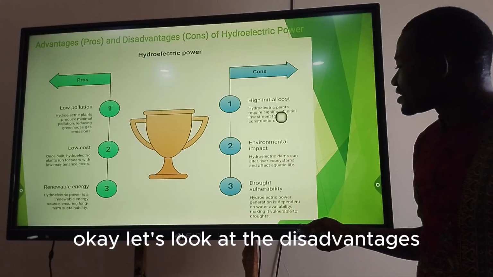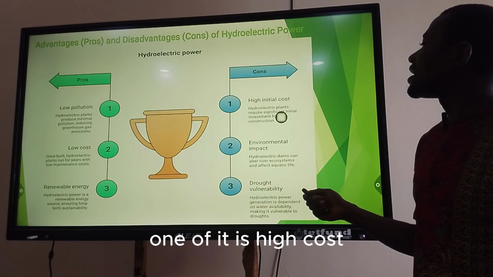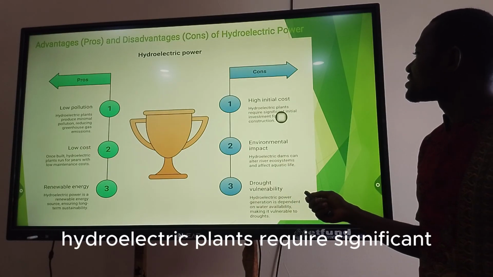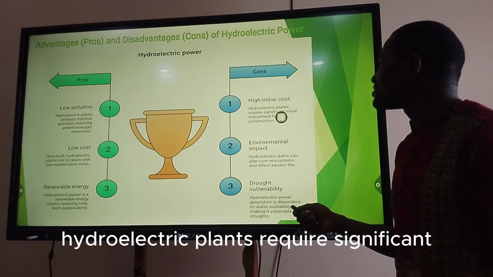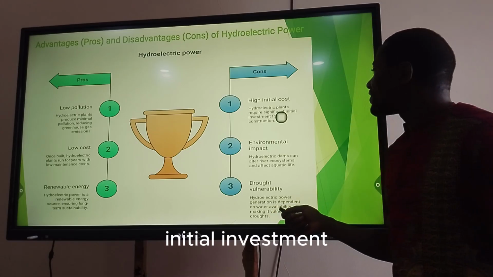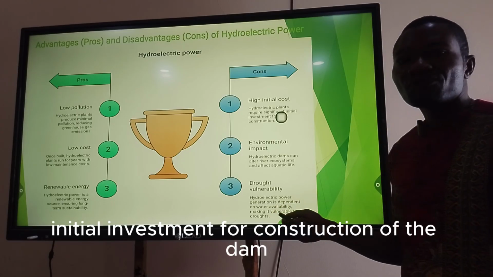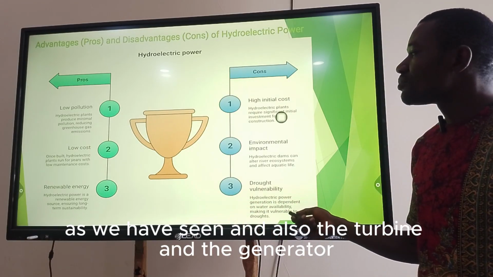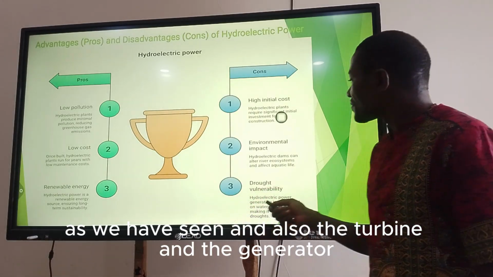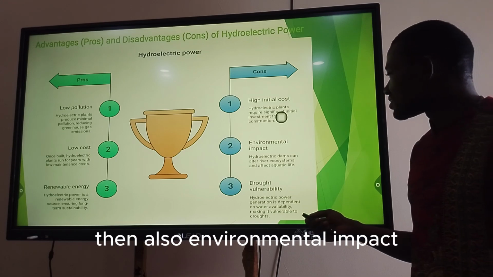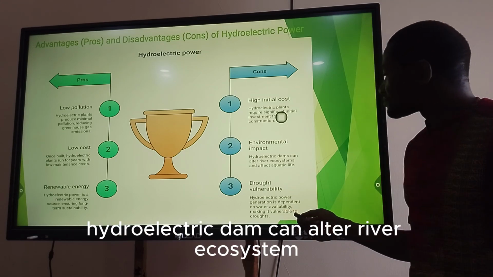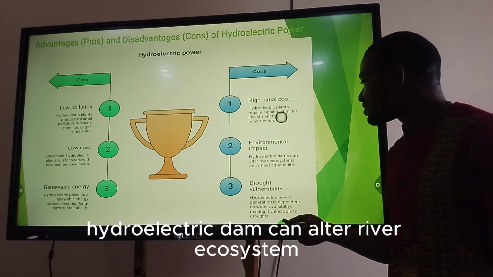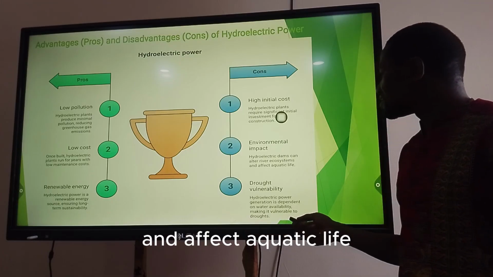Okay, let's look at the disadvantages. One of them is high cost. Hydroelectric plants require significant initial investment for construction of the dam, as we have seen, and also the turbine and the generator. Then also environmental impact. A hydroelectric dam can alter river ecosystems and affect aquatic life.